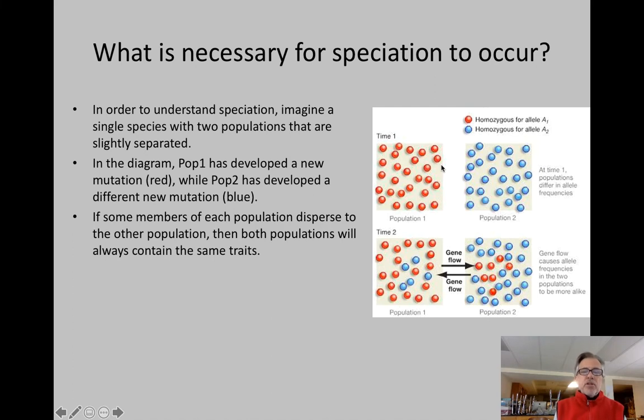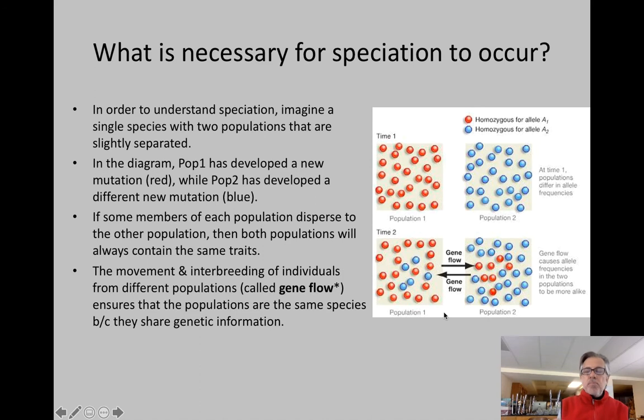If some members of each population disperse to the other population, as shown in the bottom diagram, then both populations will always contain the same traits. The movement and interbreeding of individuals from different populations is termed gene flow. And gene flow ensures that populations remain the same species. And you can think of it this way. They're the same species because they share genetic information.